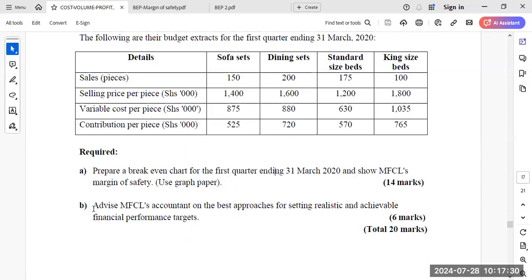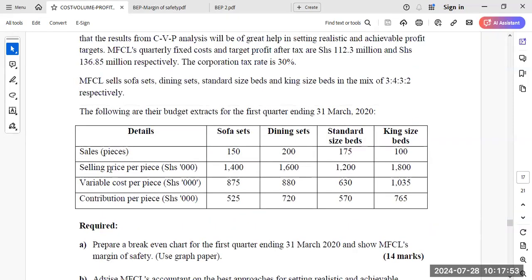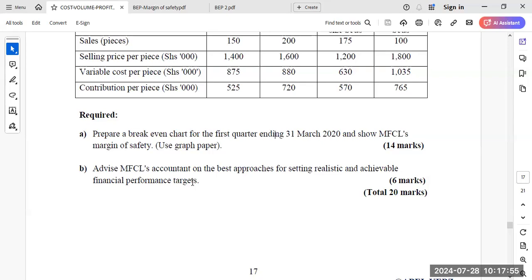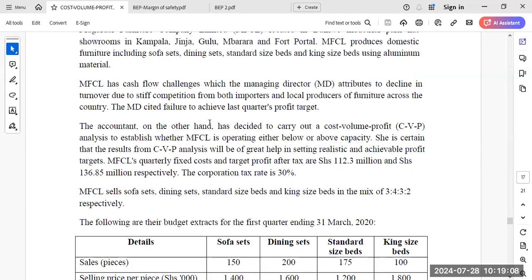Part B, they are telling us that we advise this company's accountant on the best approaches for setting realistic and achievable financial performance targets. So if you know part B, when you're in an exam, always start with that part before you do calculation. We are going to analyze our case study.